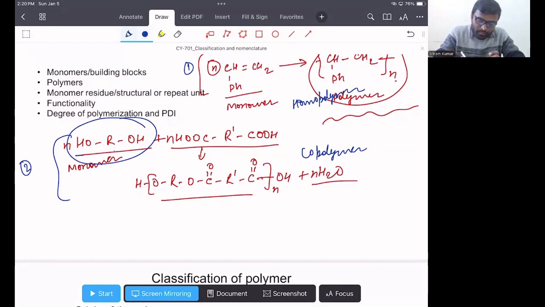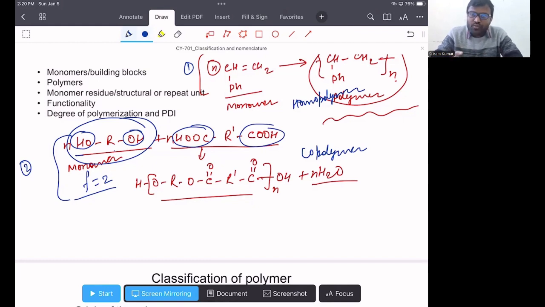In this monomer, we have two OH groups where polymerization can happen, and that's why the functionality of this monomer is 2. Similarly, here we have the diacid with two sites where polymerization can happen, so we have functionality 2.